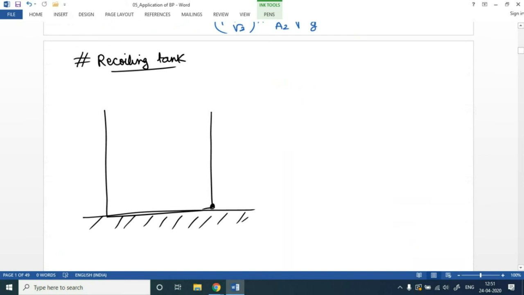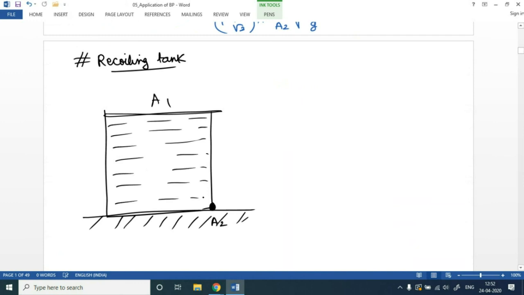Here we have put up an orifice, obviously its area is much smaller. Let's say the area over here is A1 and the area over here is A2, and initially some liquid is filled in it. So this problem is regarding the liquid coming out from here.